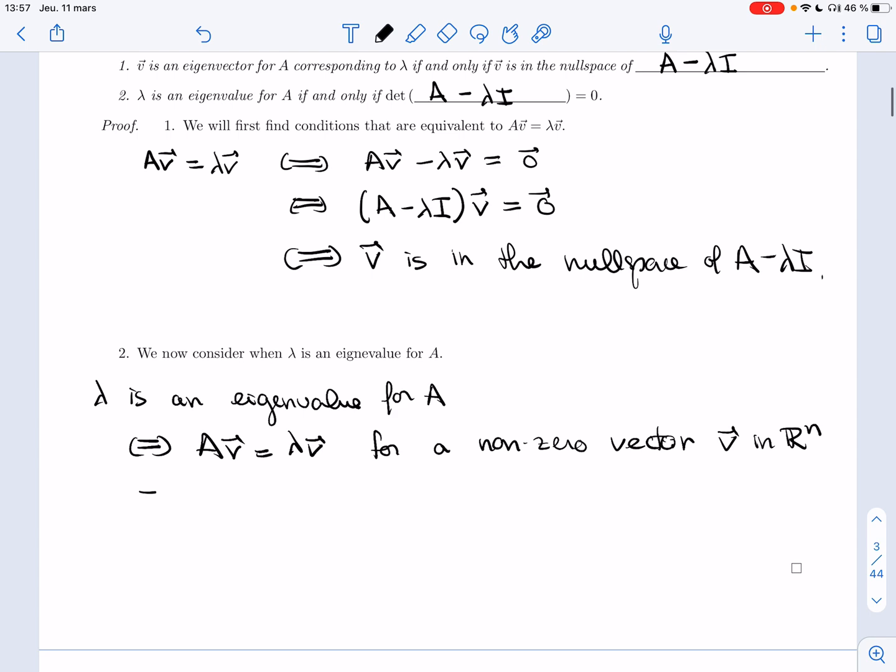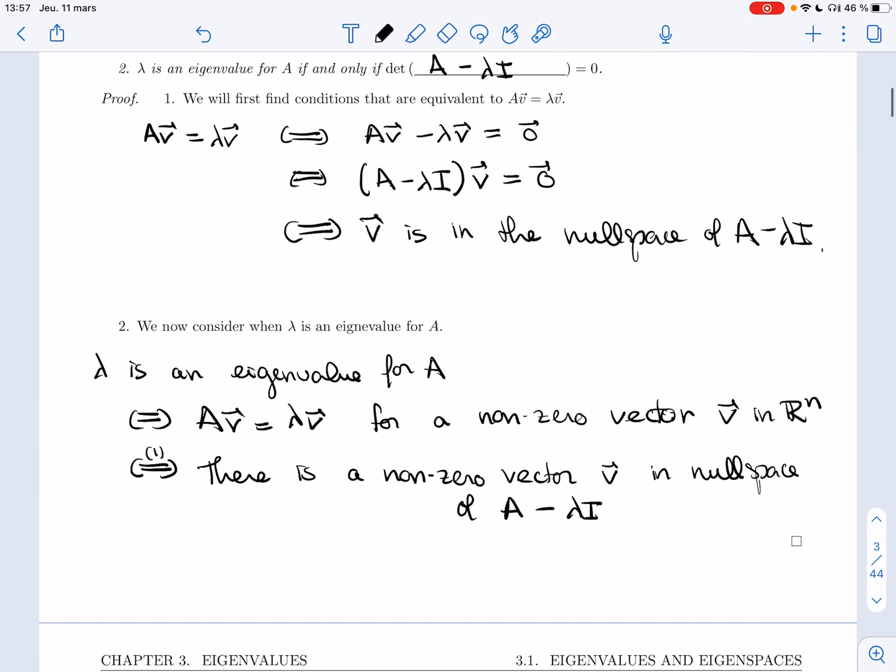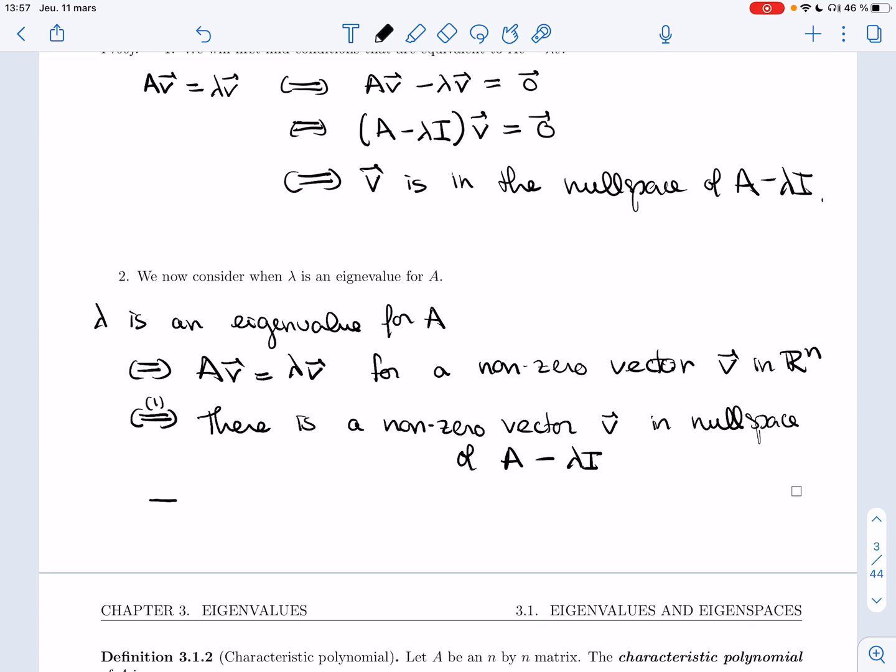And so by 1, that means there is a non-zero vector in the null space of A minus lambda I. And so the invertibility theorem, well, that means the null space is not just 0.